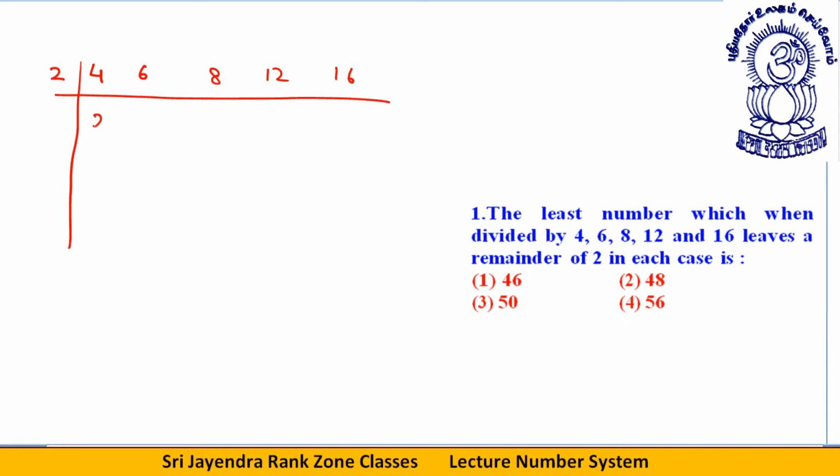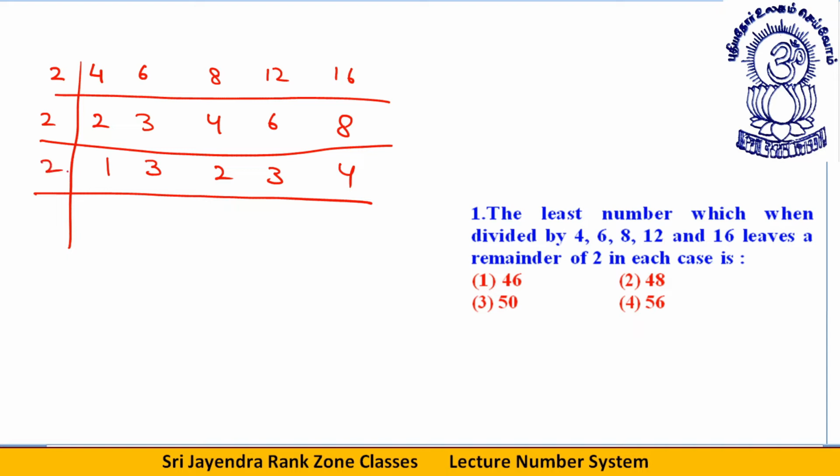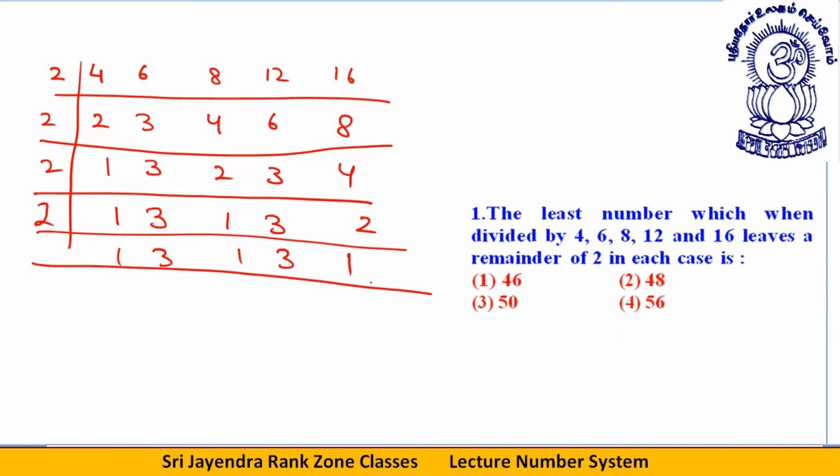If you divide by 2, you get 2, 3, 4, 6, 8. Again divide by 2, you will get 1, 3, 2, 3, 4. Again divide by 2, 1, 3, 1, 3, 2. Again divide by 2, you get 1, 3, 1, 3, 1. You again divide by 3, you get 1, 1, 1, 1, 1.